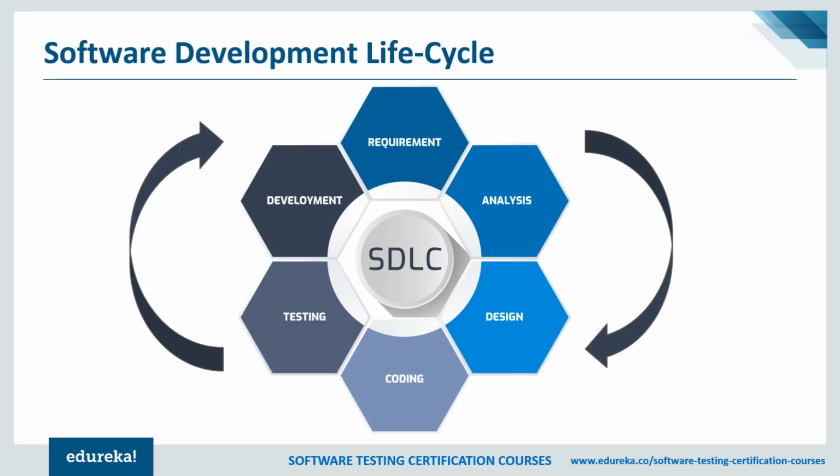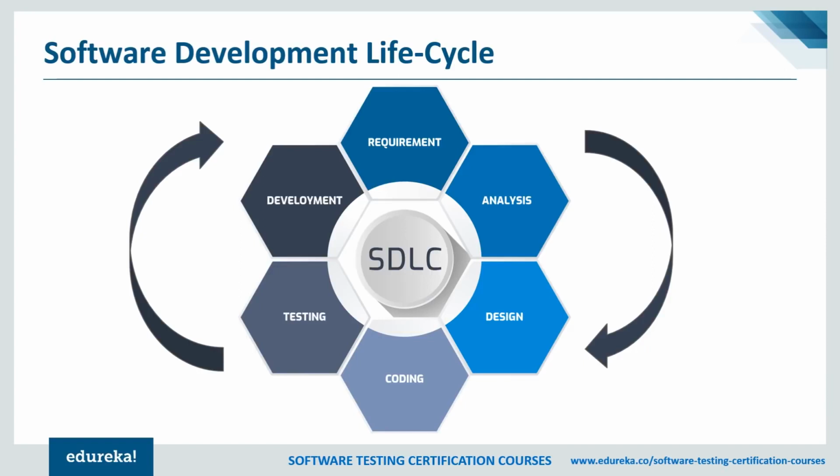Some examples are CRS, that is Customer Requirement Specification, and some might call it as Business Specification as well. And then they provide the same to the development team. Next, analysis phase. Once the requirement gathering and analysis is done, the next step is to define and document the product requirements and get them approved by the customer. This is done through SRS, that is Software Requirement Specification Document.